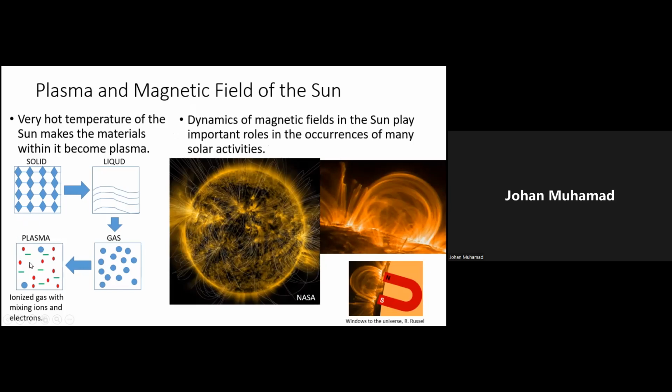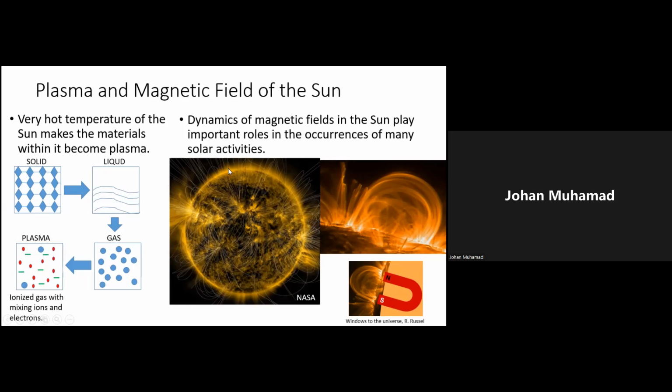So plasma is ionized gas, a mix of ions and electrons. We can say that plasma is roughly neutral, or quasi-neutral, because the number of ions and electrons is almost the same. And sometimes we also have neutral particles there. So we can imagine that the sun is full of plasma like this. The sun is not solid, not liquid, not gas, but plasma, ionized gas.